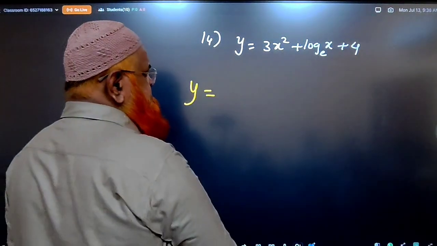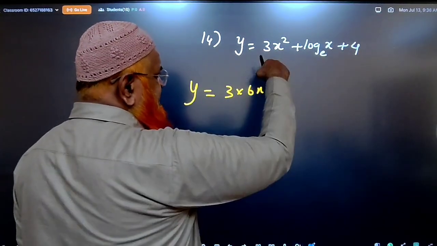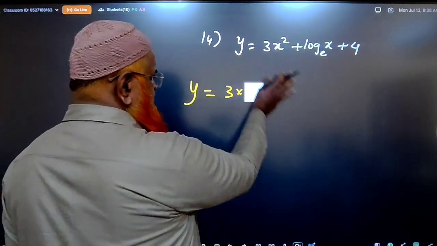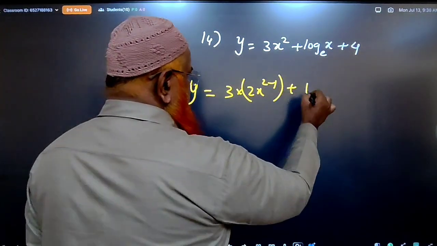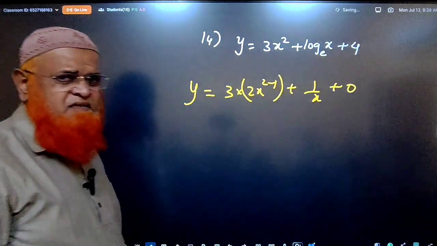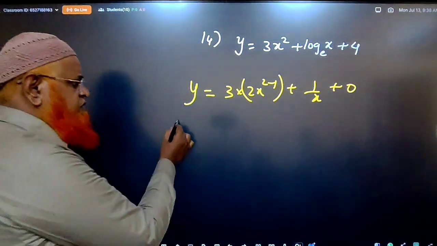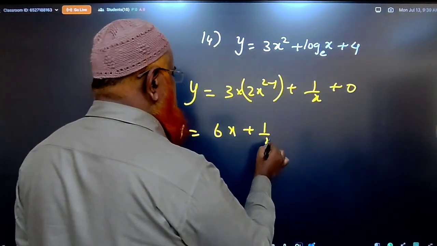So y is 3 times, n into x power of n minus 1, sorry, 3 into 2 into x power of 2 minus 1, plus log x is going to be 1 by x, and for the constant there is no differentiation, it's going to be 0. So what will you write now? 6x, that's it. Plus 1 by x.